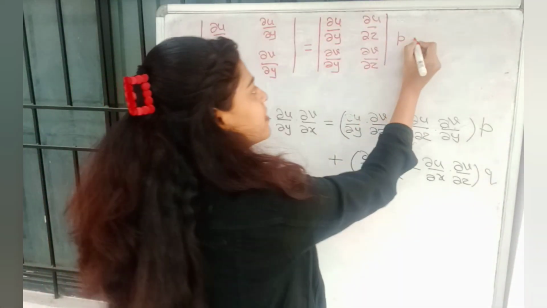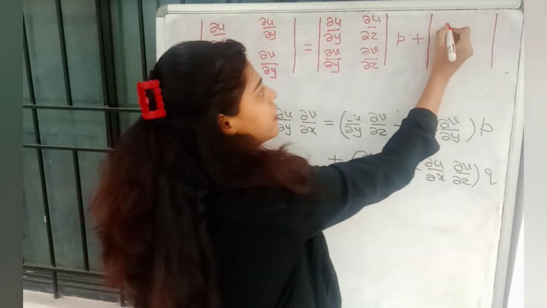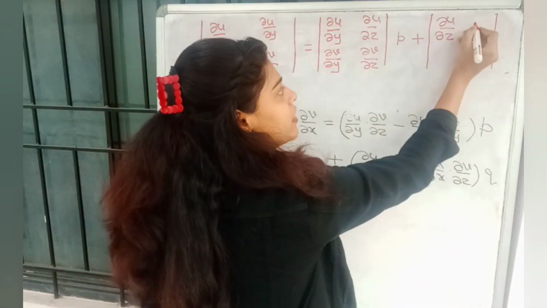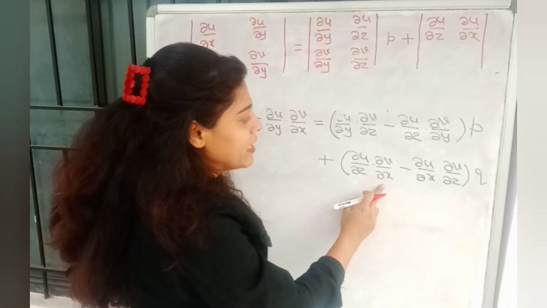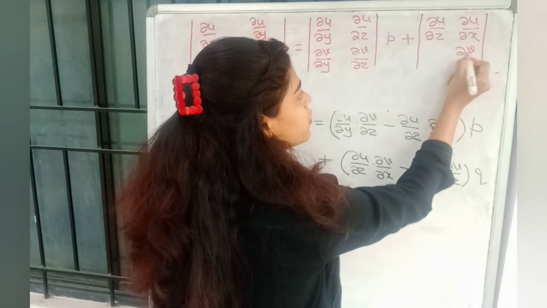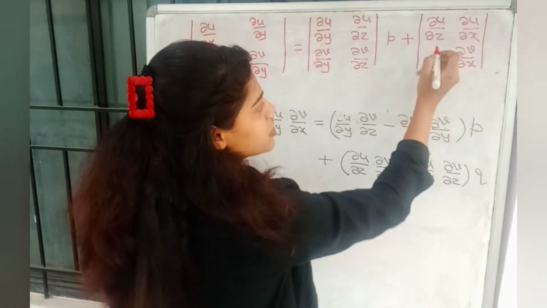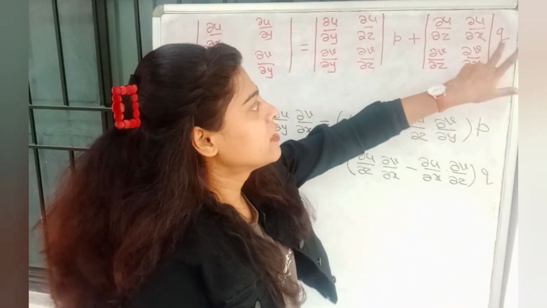The last term will be, that is plus, the first term will be ∂u/∂z. Similarly the second term will be ∂u/∂x. ∂u/∂x is multiplied with ∂v/∂x, and ∂u/∂x is multiplied with ∂v/∂z, into this q.